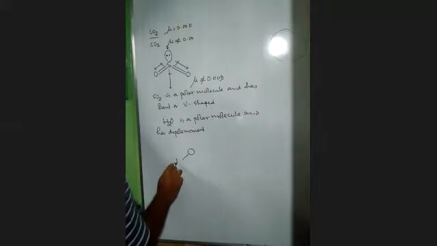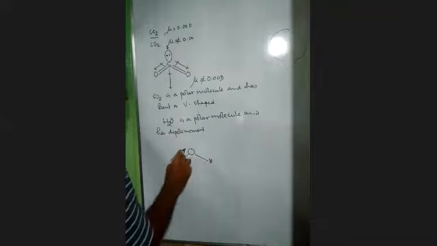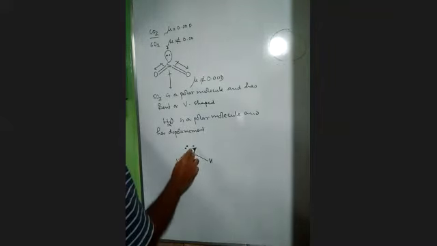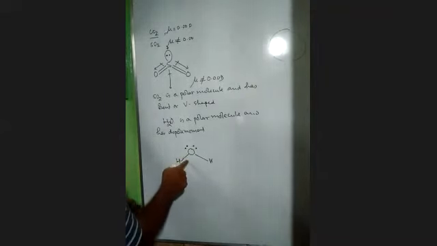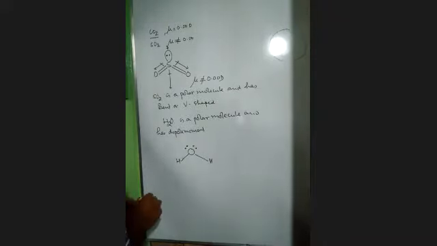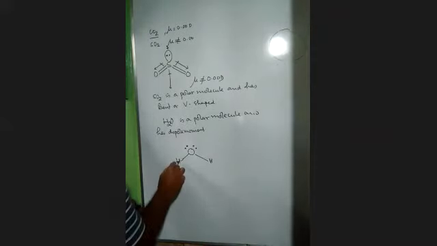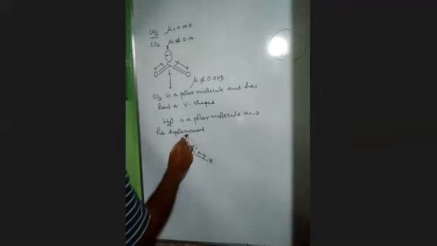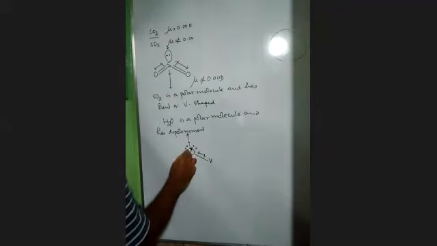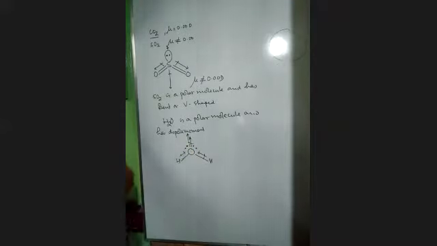Out of these 6 electrons, 2 participate in bonding, and you have 2 lone pairs. Now see here, this hydrogen and hydrogen. Oxygen is more electronegative, so the bond moment will be in this direction, and this is the resultant bond moment. And because of these 2 lone pairs also, you will have a bond moment. So both of them are in the same direction. Because of that, it has a high dipole moment.